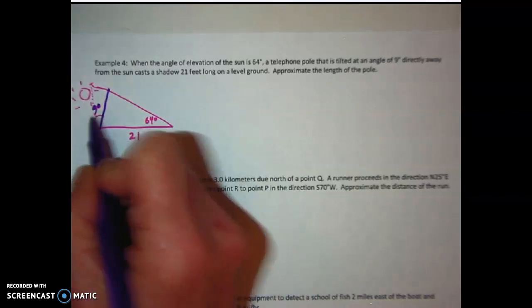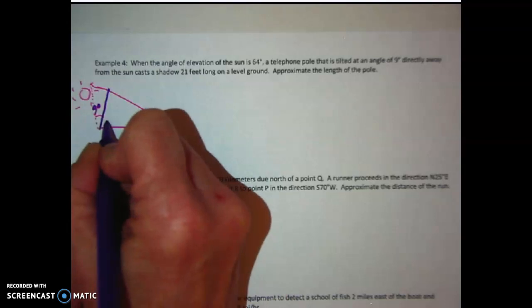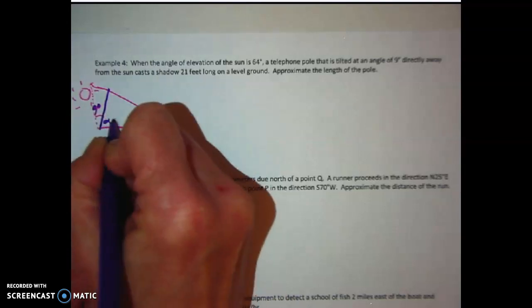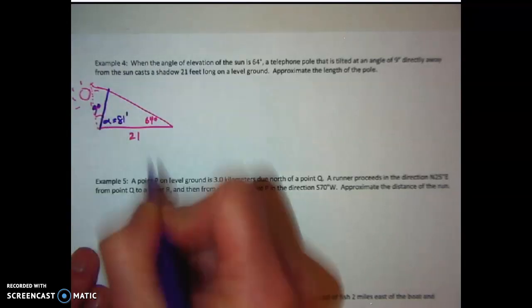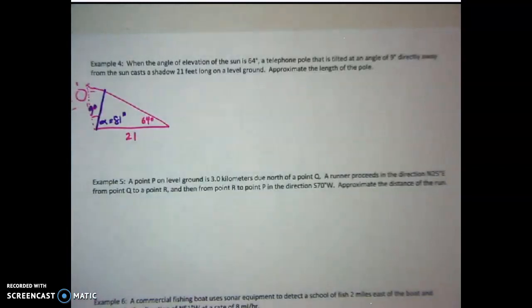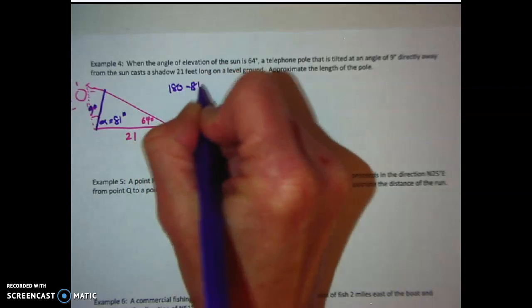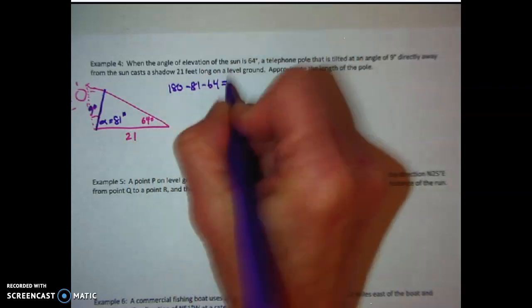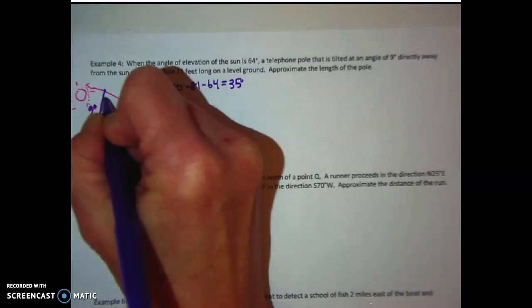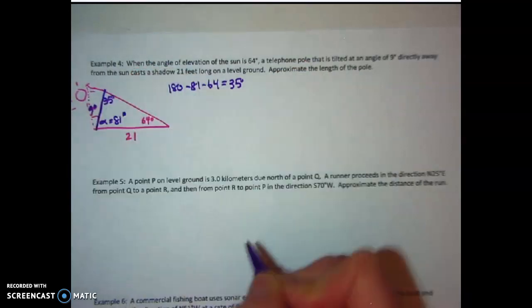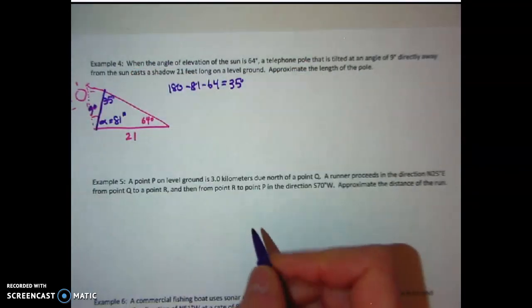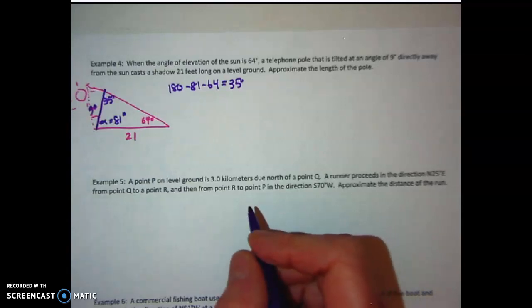So this 9 degrees is off of the vertical, so I can say that this angle, I'm going to call it alpha, is 81 degrees. Therefore, using the fact that 180 minus 81 minus 64 is 35 degrees, I know that this angle up at the top is a 35-degree angle. And now I can use the law of sines.